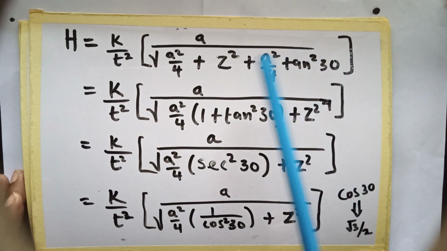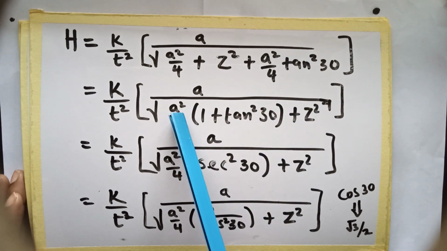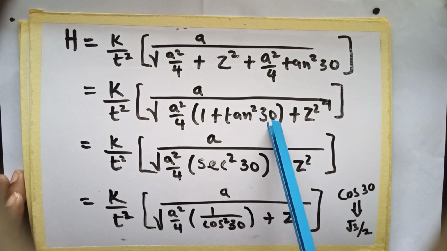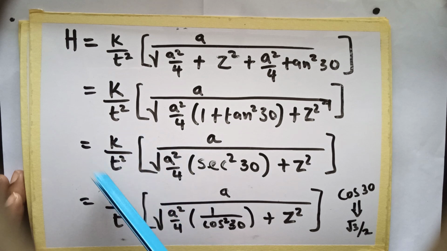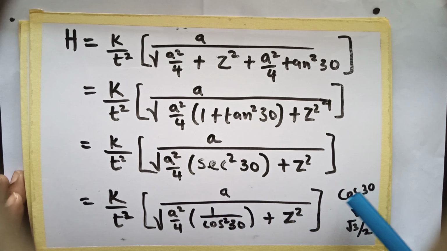Okay, so from there we have this expression and this expression coming together by factorizing. Then we'll recall that 1 plus tan squared 30 is the same thing as sec squared 30 plus z squared. So from here we'll move to this point. Remember that our sec squared 30 is the same thing as 1 all over cos squared 30. And cos 30 is the same thing as root 3 over 2.